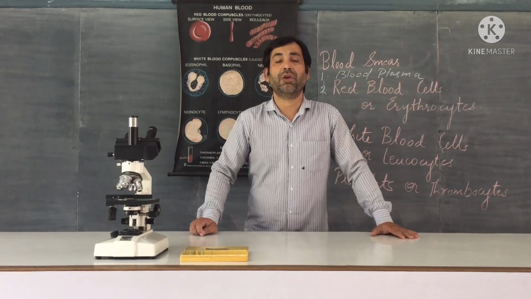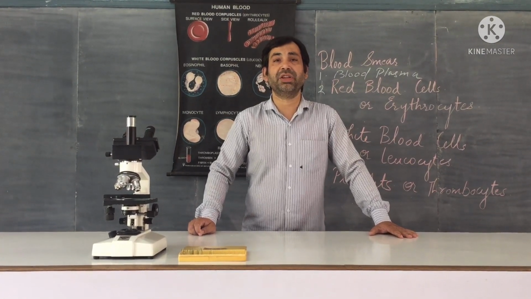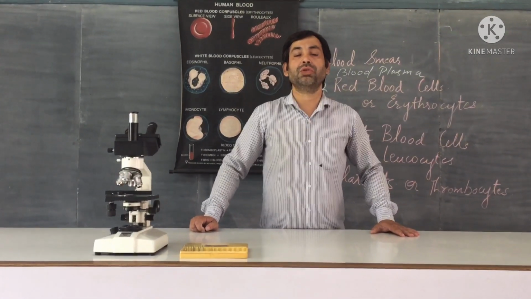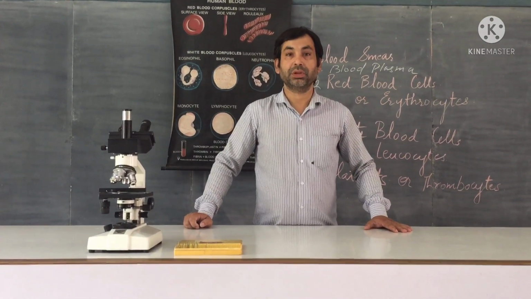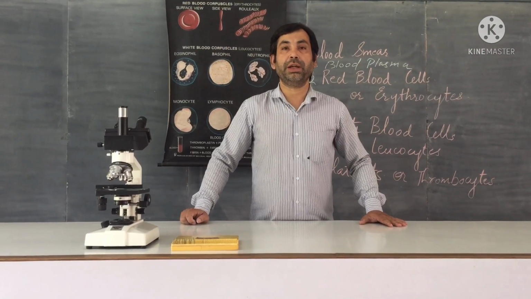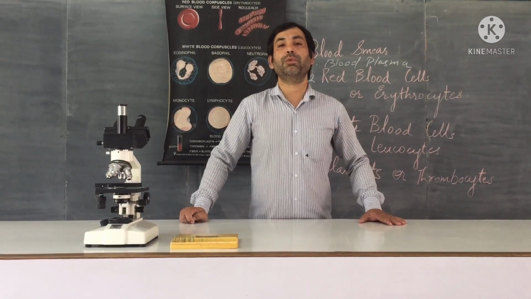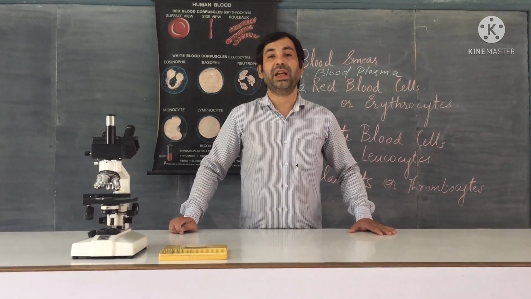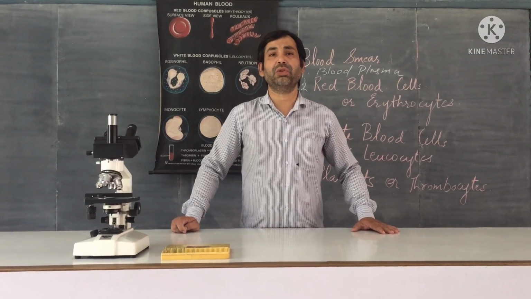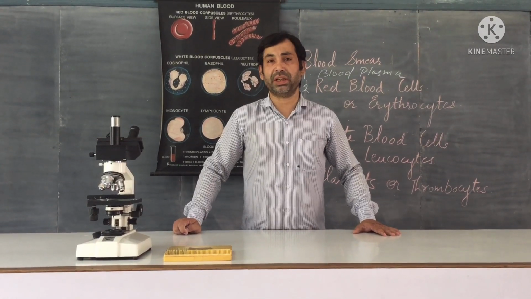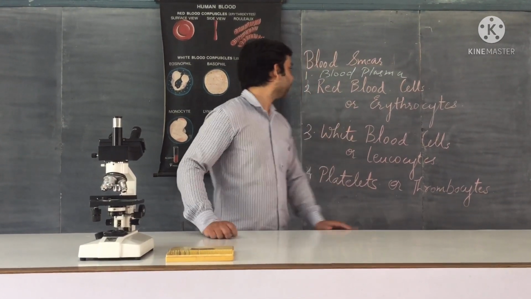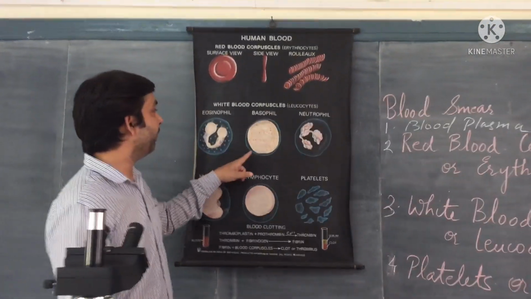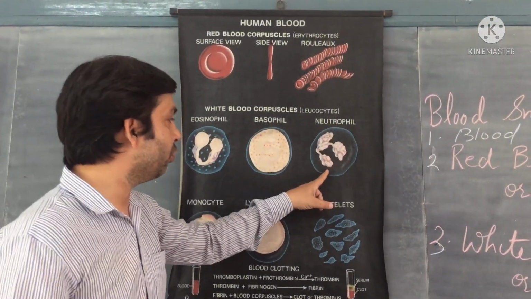Second, the formed elements. There are 3 formed elements. Number one, RBCs, which are also called erythrocytes. Number two, WBCs, the white blood corpuscles. Further, WBCs are divided into 2 parts, granulocytes and agranulocytes. Granulocytes have 3 types: eosinophils, basophils and neutrophils.